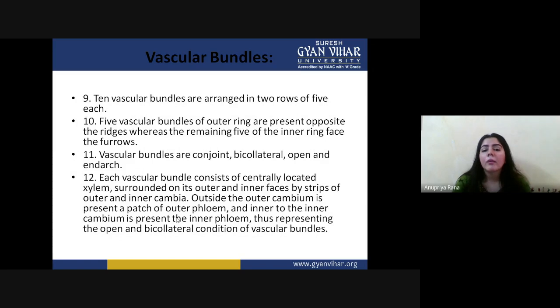Now we will see the major character of these vascular bundles. The 5 vascular bundles of the outer ring are present opposite the ridges, whereas the remaining 5 in the inner ring face the furrows. So they are present in opposite directions, 5 towards the ridges and 5 towards the furrows. You see the diagram.